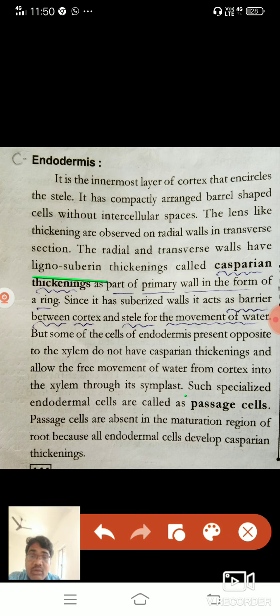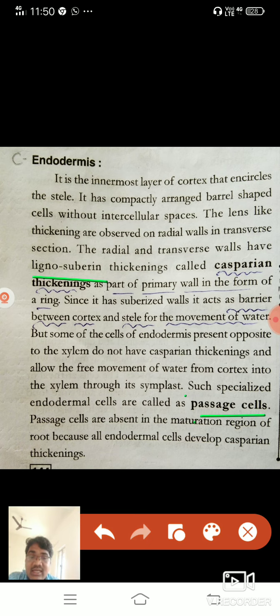Some of the cells of the endodermis present opposite to the xylem do not have Casparian thickenings and allow the free movement of water from cortex to xylem through symplastic movement. Such specialized endodermal cells are called passage cells.